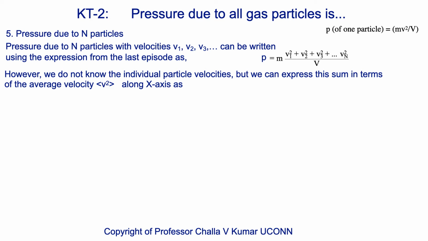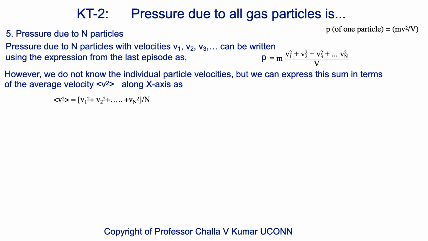So now we can write this sum in a very interesting and simple form in terms of the average velocity. Average velocity squared along the x-axis is given the symbol in parentheses, v squared x. So that is equal to v1 squared plus v2 squared plus v3 squared plus v4 squared, up to vn squared, the last term, and this sum needs to be divided by the number of particles n.